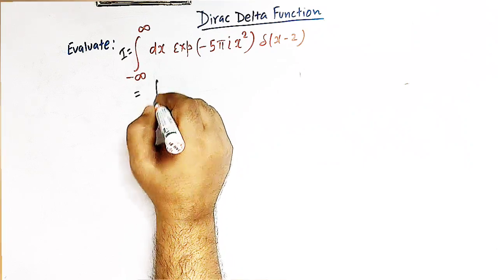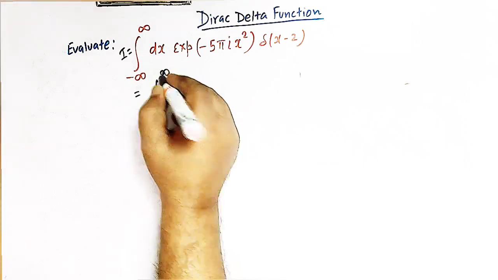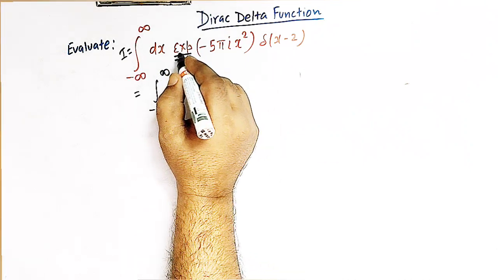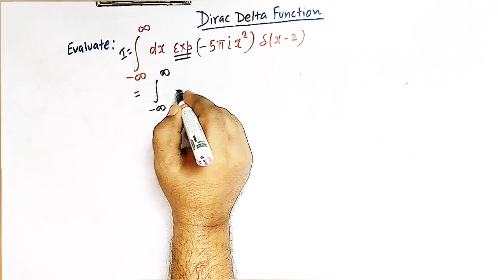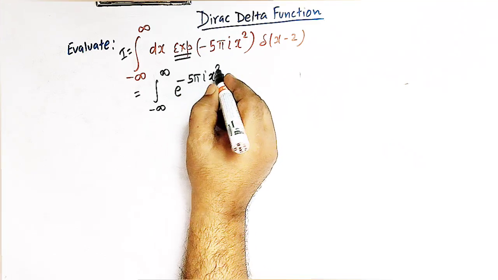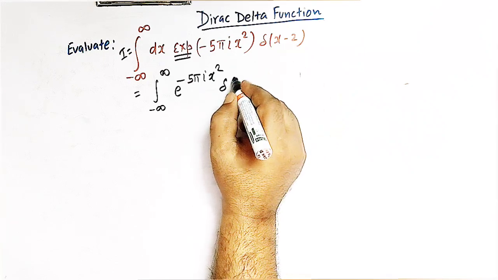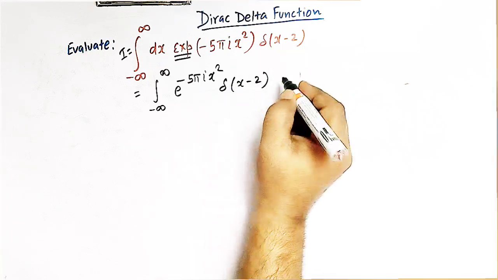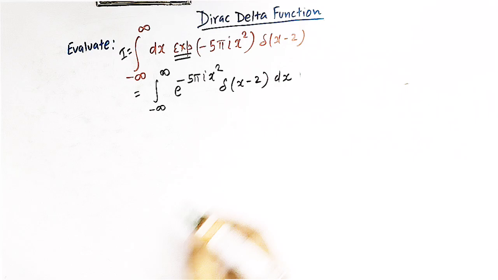So we can write minus infinity to infinity, the exponential e raised to minus 5 pi i x square, then the delta function delta of x minus 2, and here we have dx.